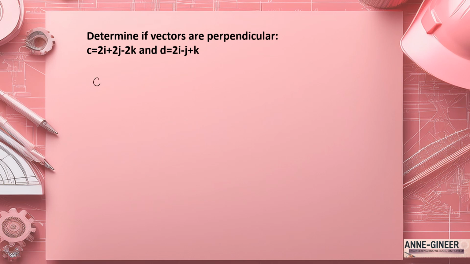So let's get the dot product of vectors C and D. So 2 times 2 plus 2 times negative 1 plus negative 2 times 1. So this is 4 minus 2 minus 2, and the dot product is 0.